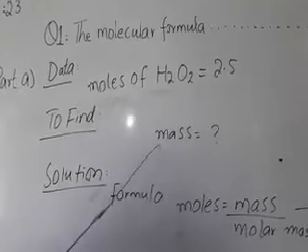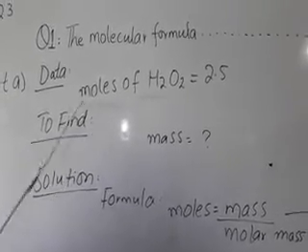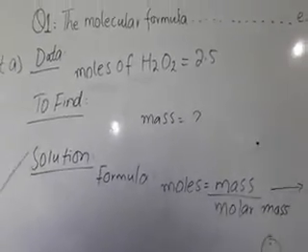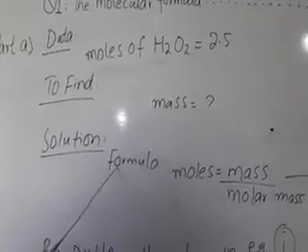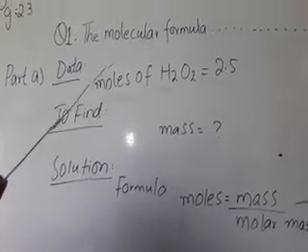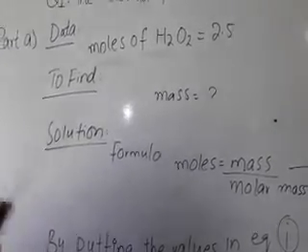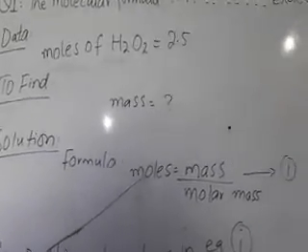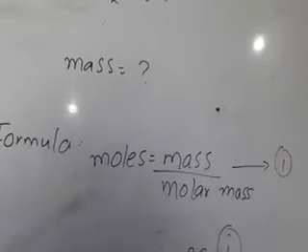Writing all the given information and the required things from the question, now we'll move to the solution. Starting the solution, the first step is to write your formula. It's compulsory to write the basic formula, which you come to know after understanding your data and the things to find. The formula that will be applied here: moles is equal to mass over molar mass.